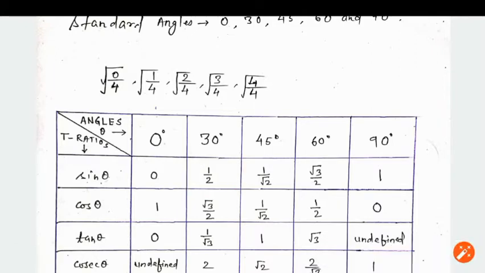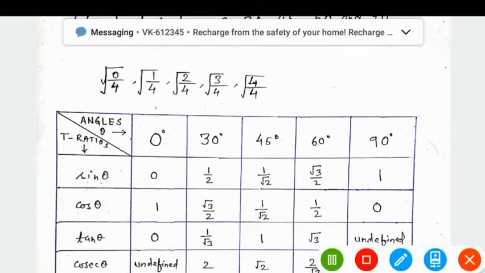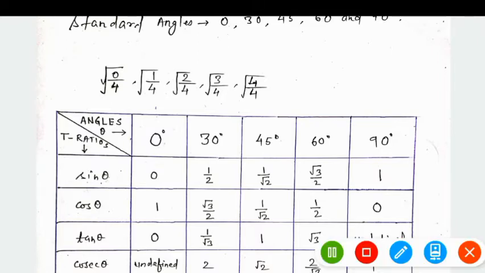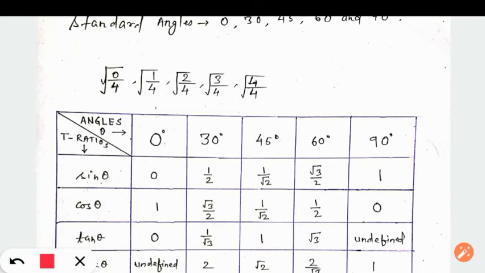For 45 degree, take this one, 2 by 4. 2 ones are 2, 2 twos are 4, right? So we get root under 1 by 2. The square root of 1 is 1 and the square root of 2 we don't know, so it is 1 by root 2.